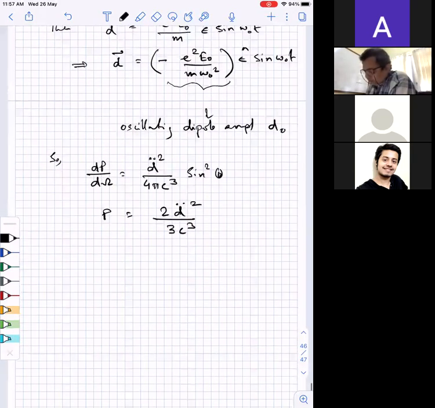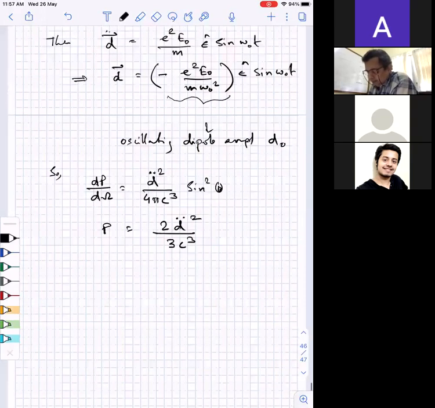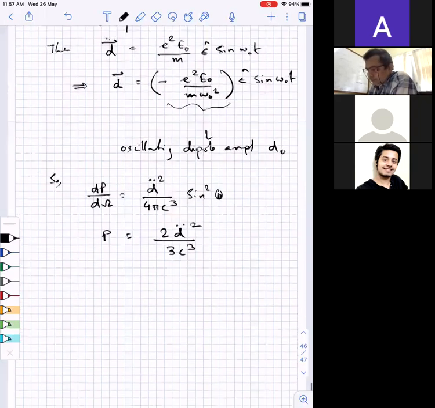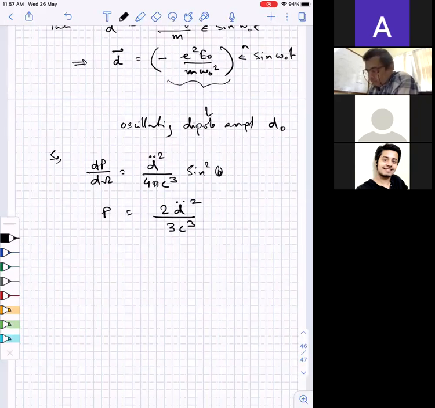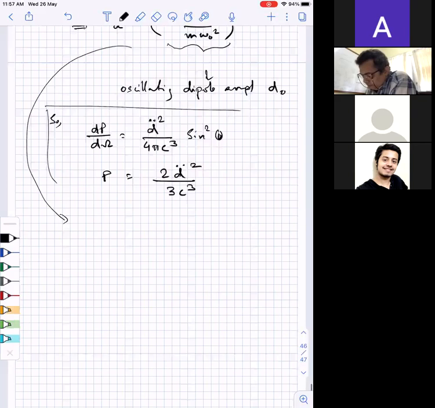So now we can use this in the above equation for the scattered radiation, and we can write the time averaged power.